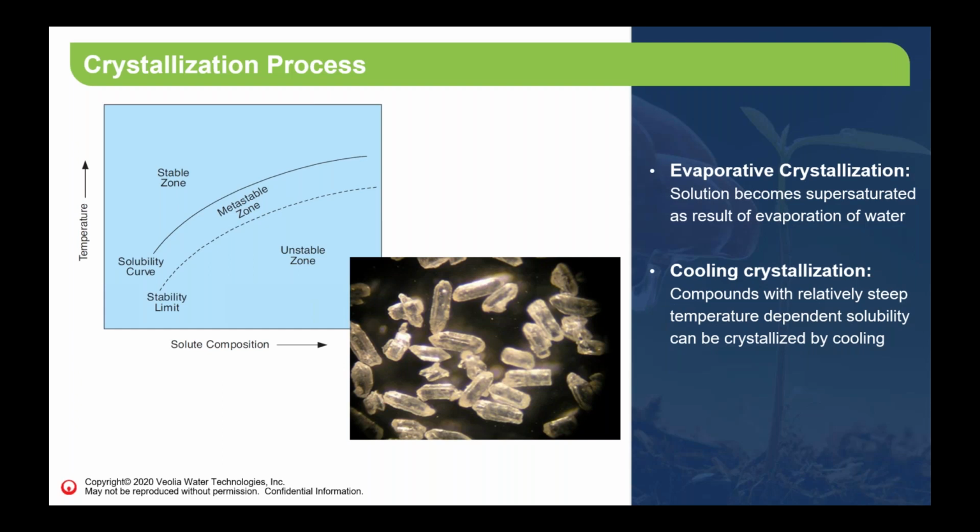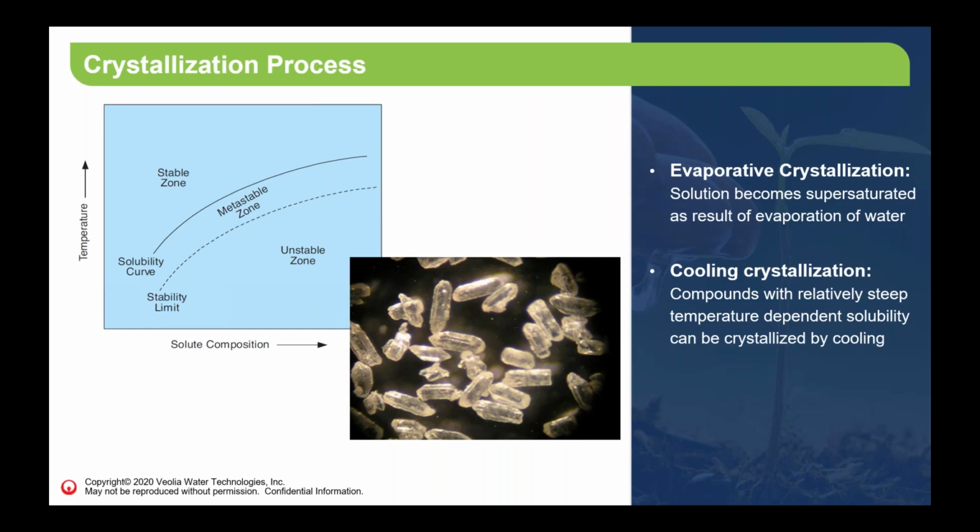You can see there is a stable zone, a metastable zone, and an unstable zone. Basically, the solute, which is the product we want to crystallize, is in a solution, which is typically water. When the solute is at a certain composition and temperature above the solubility curve, in the stable zone, it is in liquid phase.